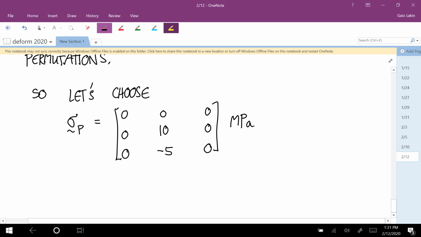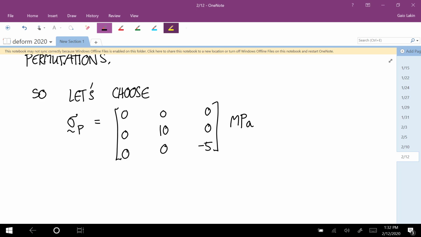And that corresponds to some coordinate system. It actually corresponds to two coordinate systems: this coordinate system and the exact opposite of that with everything opposite. Okay, so let's choose that one.